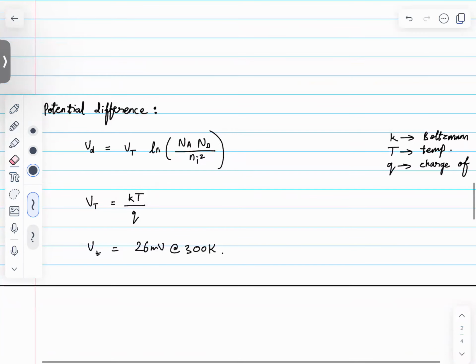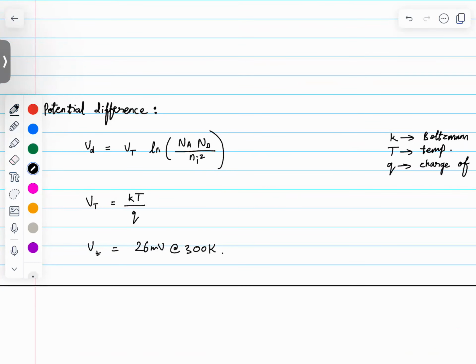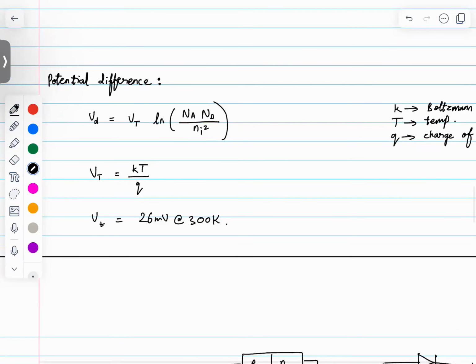And so, yeah, another thing is the potential difference of the p-n junction. That's VD, and it depends on the thermal voltage, that's VT here, and the natural log of the acceptor concentration times the donor concentration over the intrinsic concentration squared.